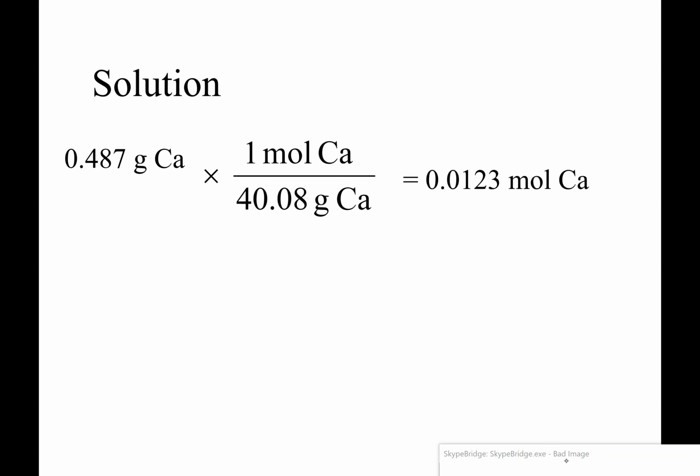So simply, it's 0.487 grams over 1. Notice my grams are going to cancel, so we can do this.